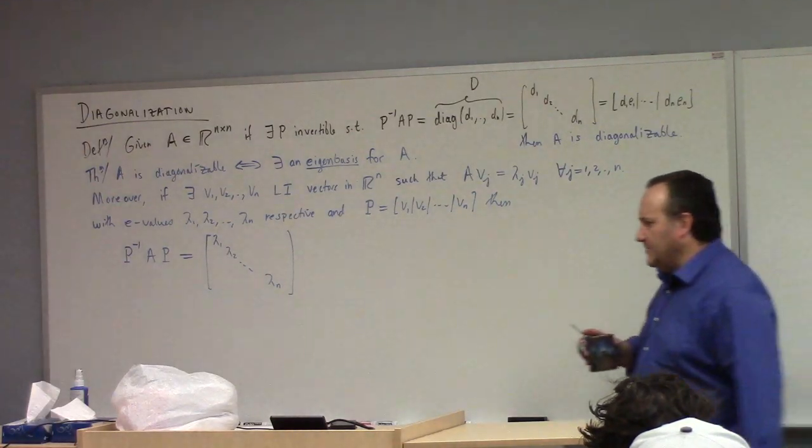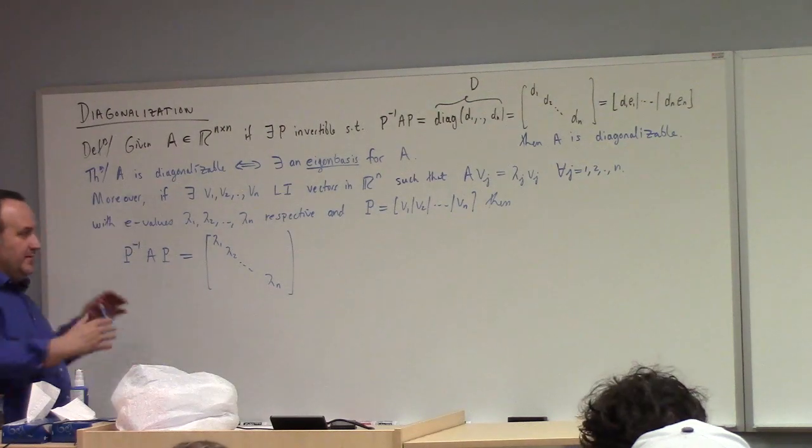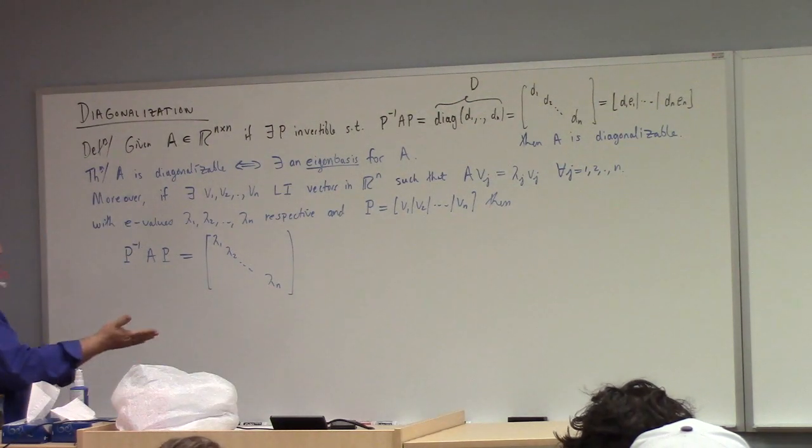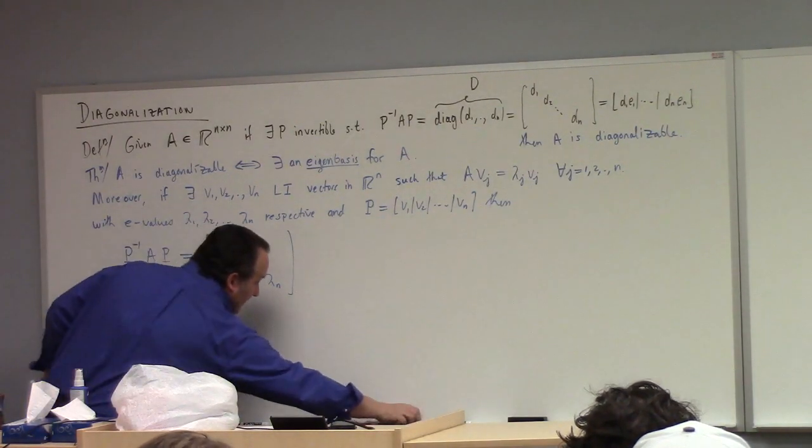Last class, before break, I looked at an example, and we found the matrix of eigenvectors and did the similarity. This is called a similarity transformation, right here.